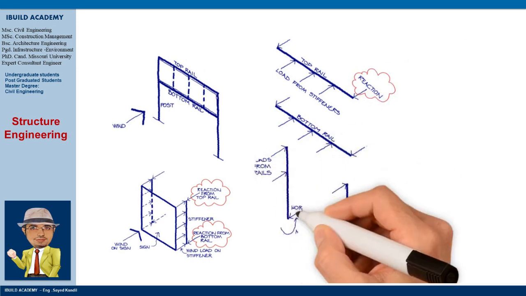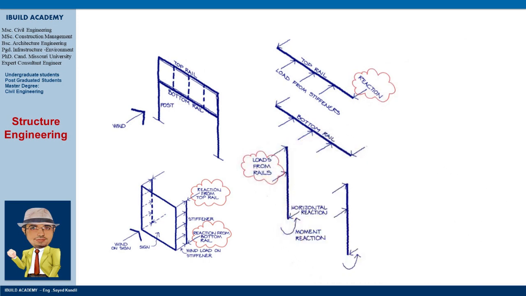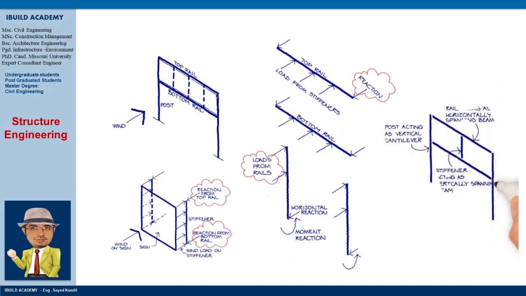The reactions from the top and bottom rails now cause loads on the vertical posts that act as vertical cantilevers from the ground. For the signboard, the wind load path is the whole structure. But even in simple buildings, the load paths for vertical and horizontal loads are rarely the same. As the load path is the structure, this means there are usually different structures resisting vertical and horizontal loads.